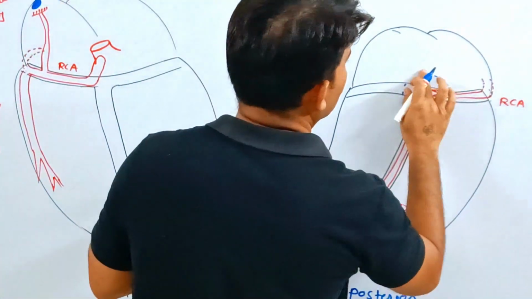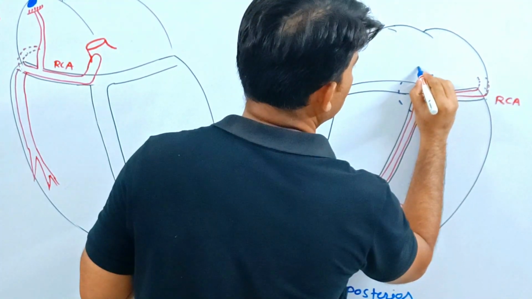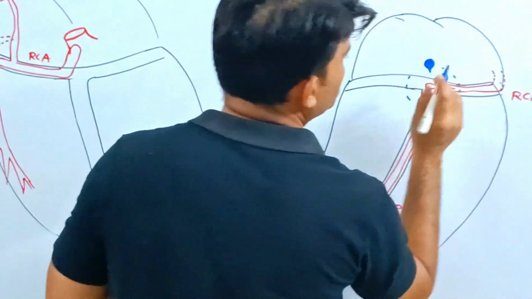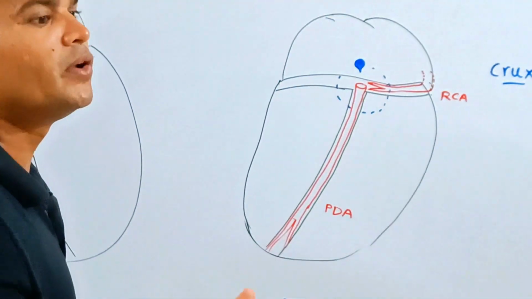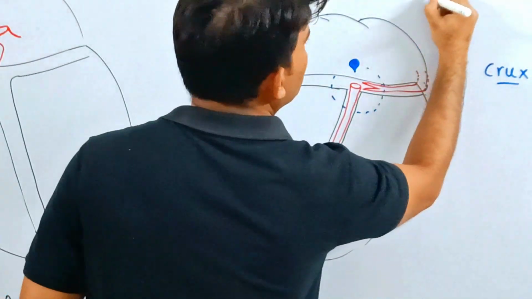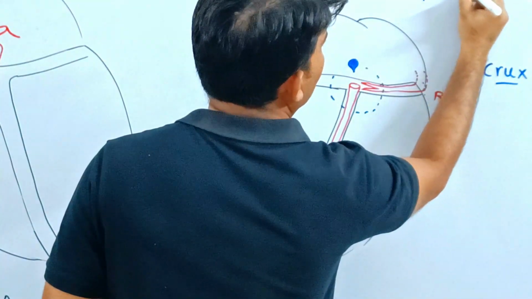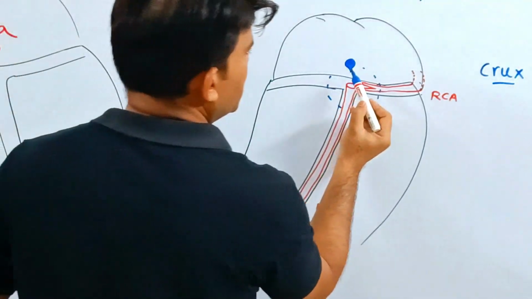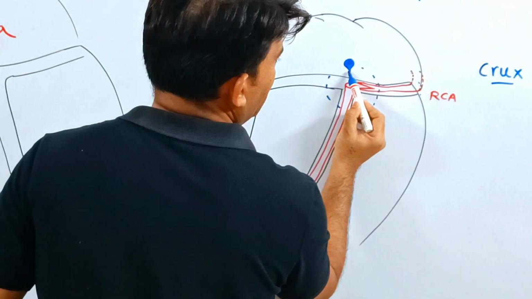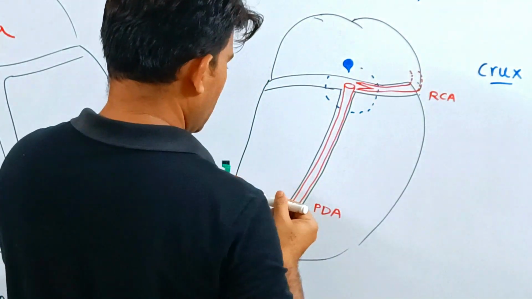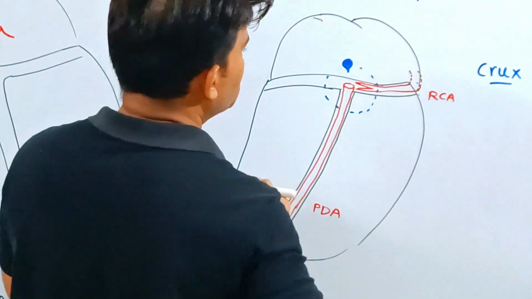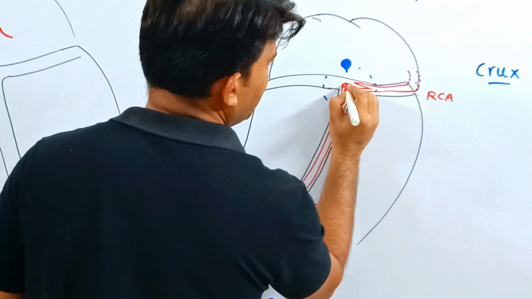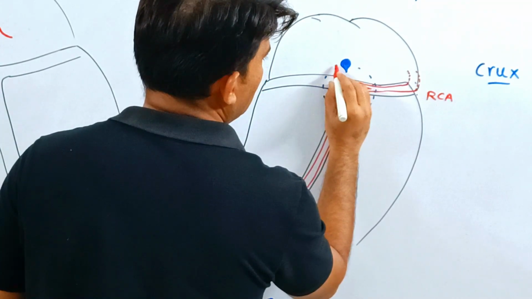And posteriorly, dominantly, I am discussing here. We have another node. What should be the name of this node? AV node. Not in all cases, but in the majority of cases, the AV node is supplied dominantly by a branch of the PDA, the posterior descending artery.